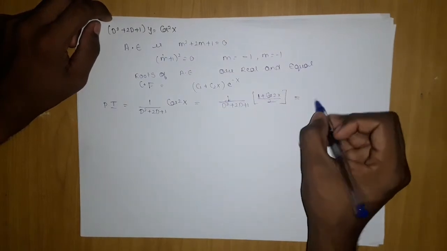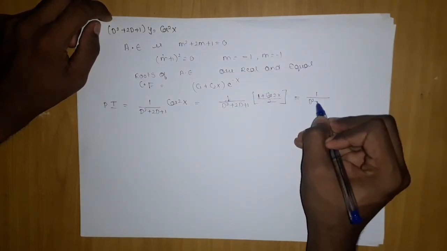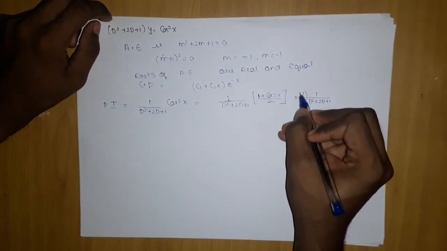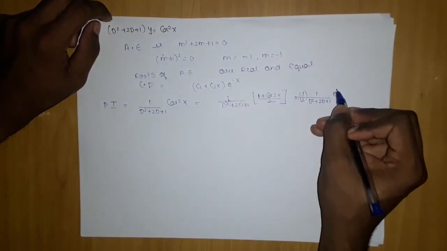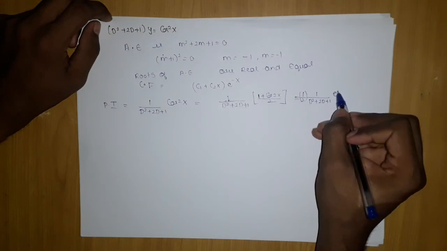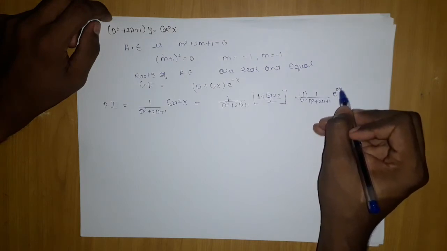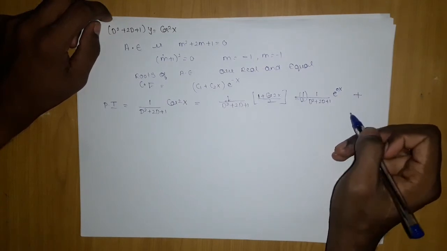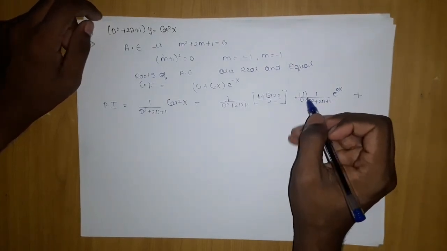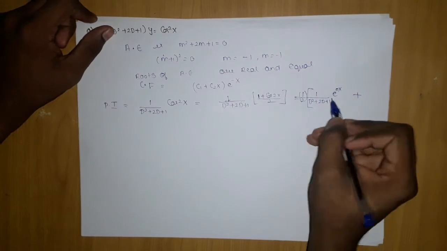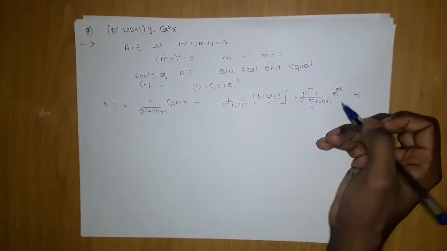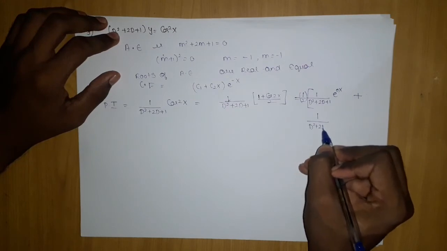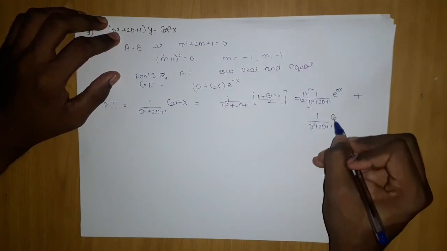Like here, the one part of d square plus 2d plus 1 will multiply with this 1 by 2. 1 by 2 will come here, and since nothing is there, you can convert this into e to the power 0x format. After this, here you will write plus, and you can move the 1/2 completely outside. This you can write as e to the power 0x format, and here you will write 1 upon d square plus 2d plus 1 into cos 2x.